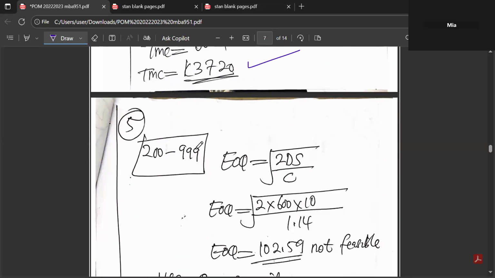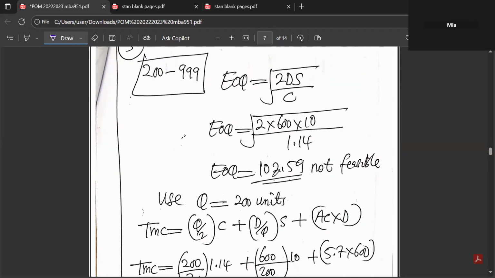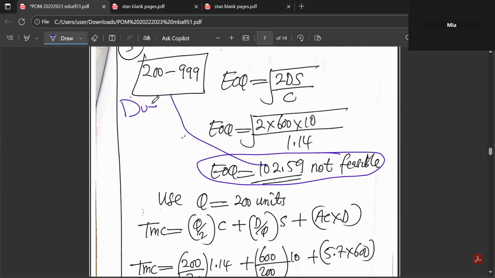Then when you are going to the order size of 200 to 999, EOQ is 102.59. It's not feasible. This one does not fall within the range.